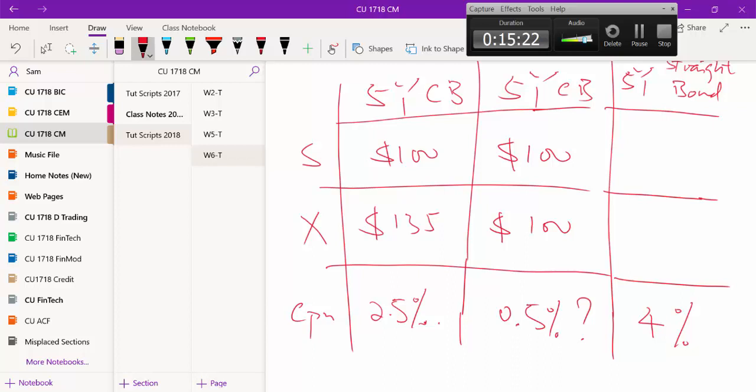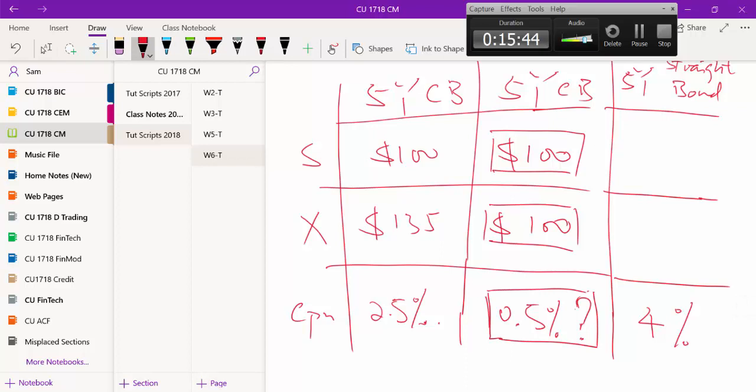So it seems to me that in the Chinese market, the issuer's preference is to issue a CB where the strike is actually very close to the spot price. Now, two things will result from that. Number one, the coupon that you pay will be a lot less, okay?